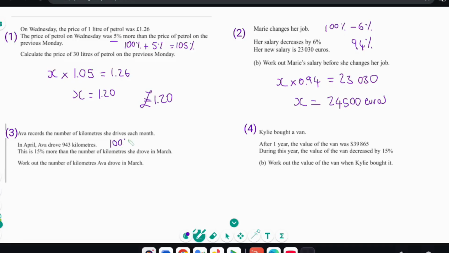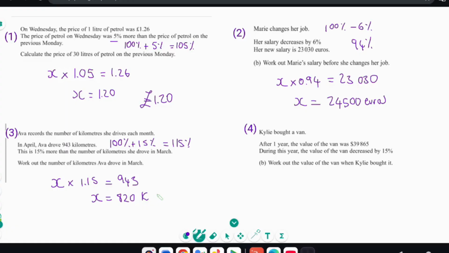March has been increased by 15%. So it's worth 115%. So we know that the March value times 1.15 is equal to 943. We need to divide both sides by 1.15, which gives us x is 820 kilometres.